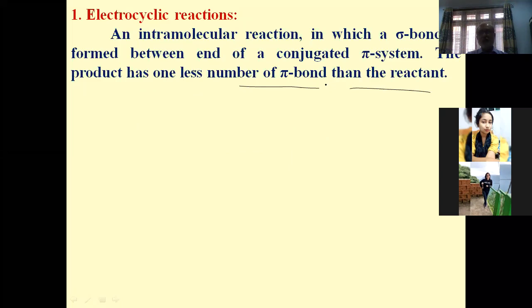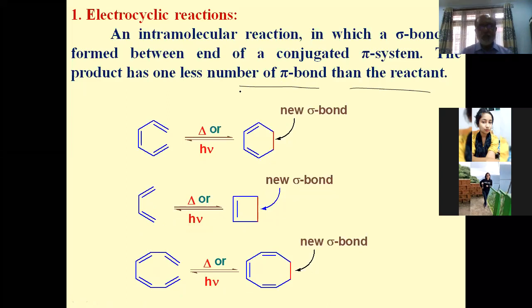And I am giving the same example here again. So this is a triene system. It has 3 double bonds. The product will have 2 double bonds, and a new sigma bond is formed here. This has 2 conjugated double bonds. The double bonds have to be in a conjugated system.